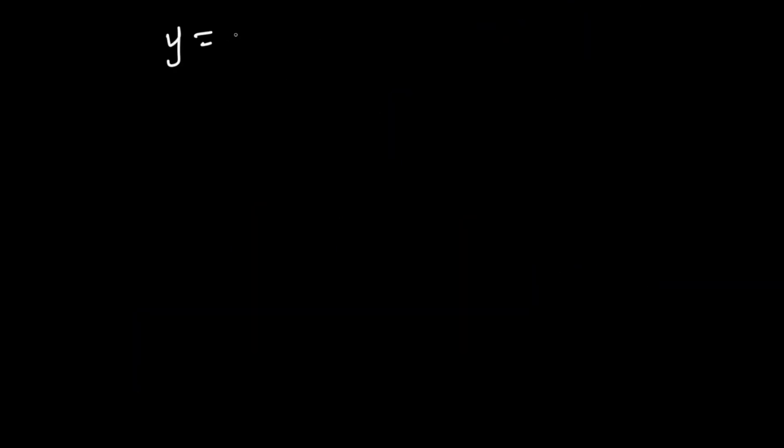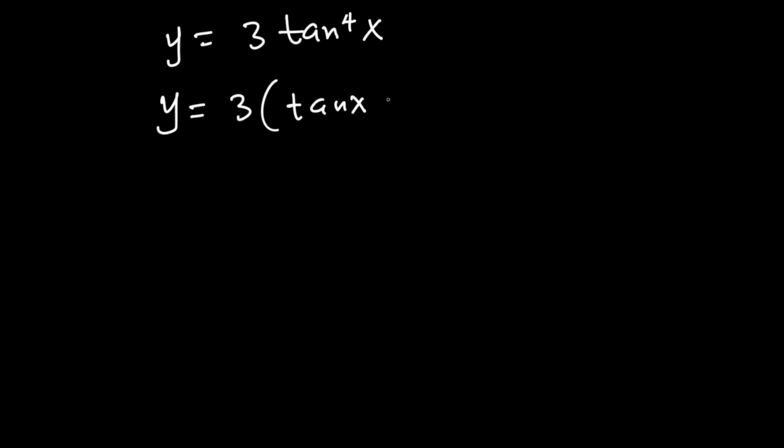Now what if we are given y is equal to 3 times tan x to the 4th power? Again, how do we differentiate? We write the function as 3 times tan x to the 4th power, and you can do it straightforward. dy/dx is equal to: we take this 4, move it to the front to multiply the 3, which gives 3 times 4 is 12.